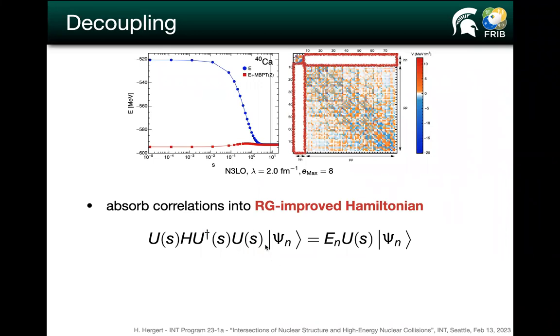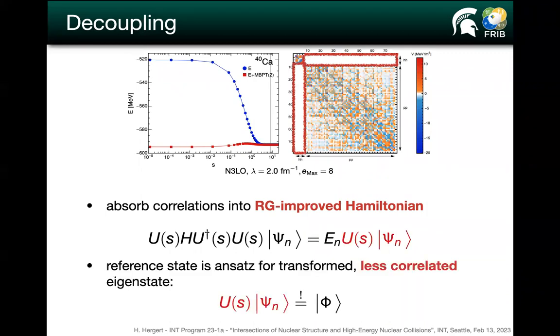And just to illustrate that a bit more, we can think of writing down the stationary Schrödinger equation and then inserting the unitary transformation operators right here. Normally we have to solve for the eigenstate psi n and for the eigenvalue E n.